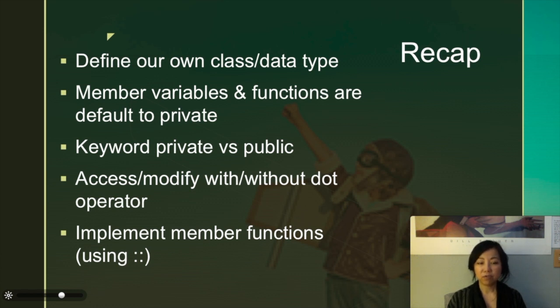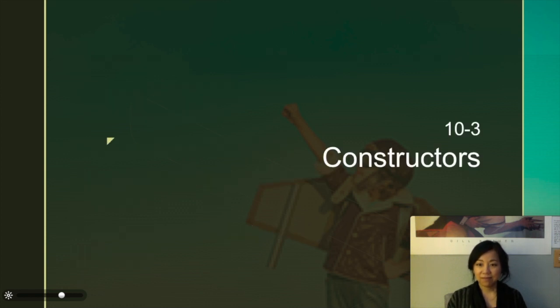And then we also talked about how to implement member functions, and that we need to use the colon colon in front of the member function names when we implement them. Next, we are going to talk about constructors, how to set up or initiate an object's member values.